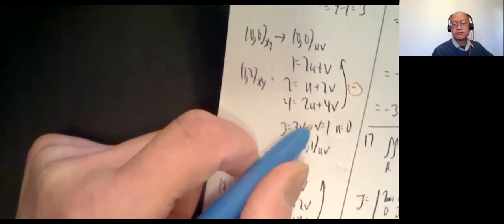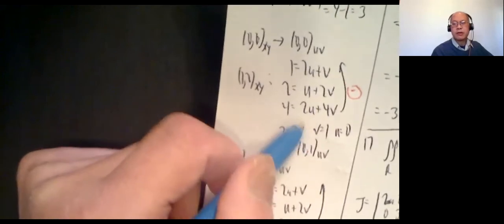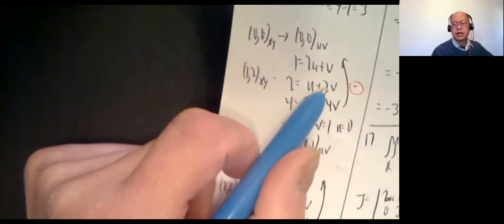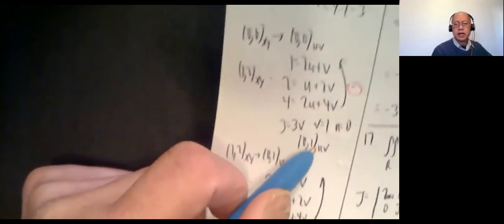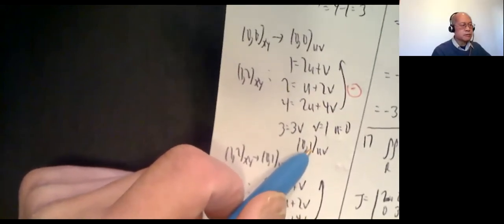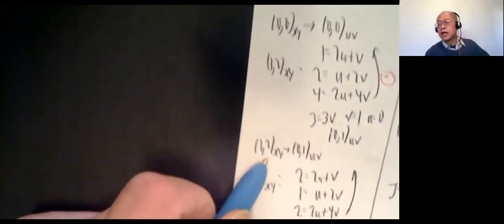That means v equals 1. Plugging v equals 1 into 2 equals u plus 2v, u equals 0. So I have the point 0, 1 in the UV plane. In other words, 1, 2 in x and y becomes 0, 1 in u and v.